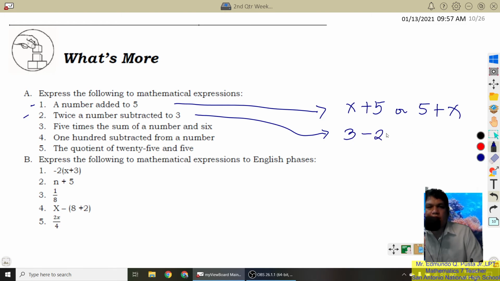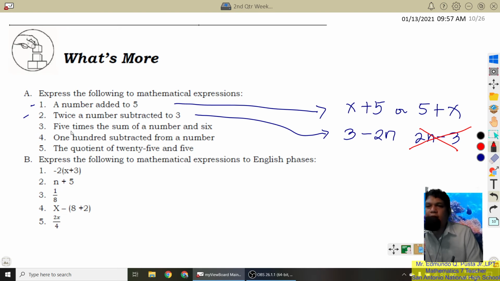Ayan. 2 times a number, subtracted to 3. Sinubtract siya sa 3. Now, this time, di natin pwedeng sabihin na 2n minus 3. Bakit kaya? Because it is not commutative. Subtraction is not commutative. Okay? So, this one is incorrect. Okay? So, depende kung paano natin uunawain yun, ha?